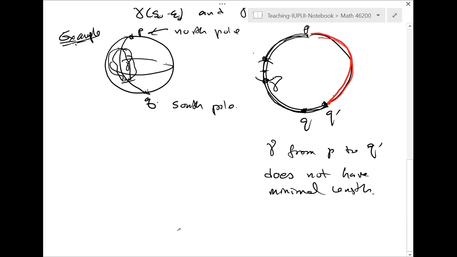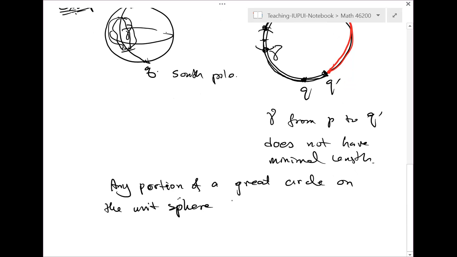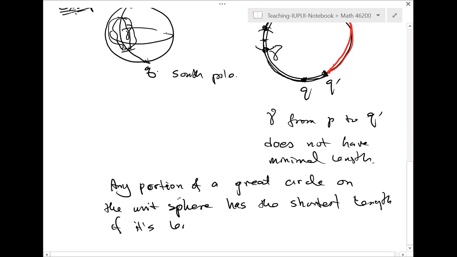So this is a simple fact for great circles on the unit sphere: any portion of a great circle on the unit sphere has the shortest length if its length is less than or equal to pi.